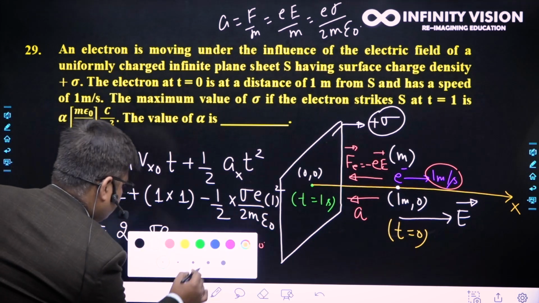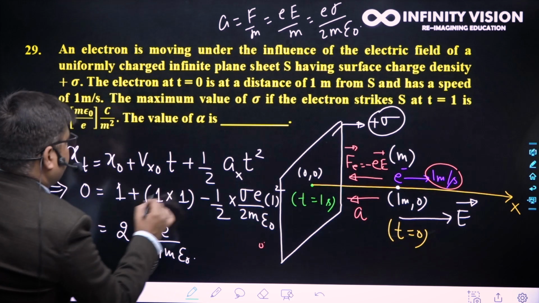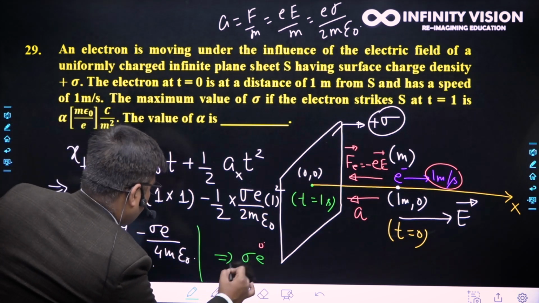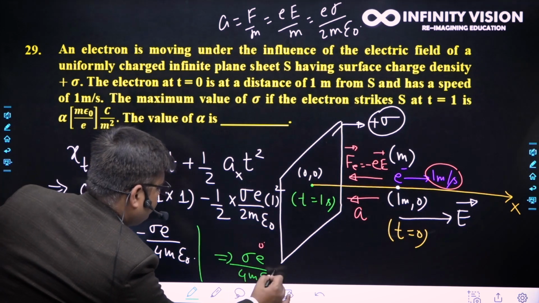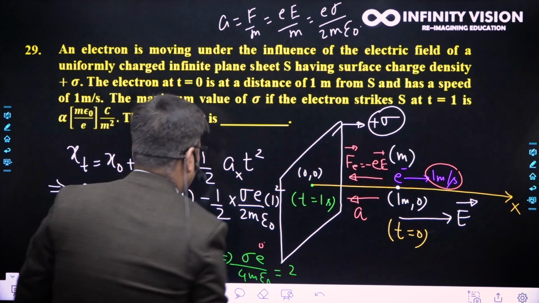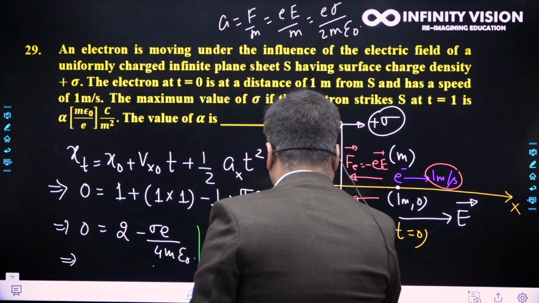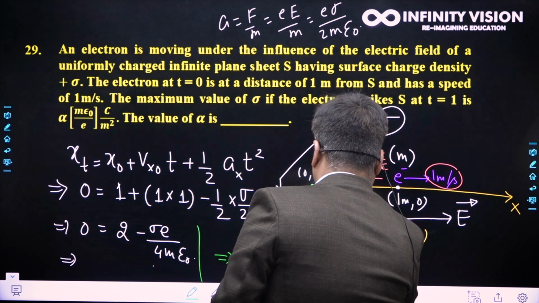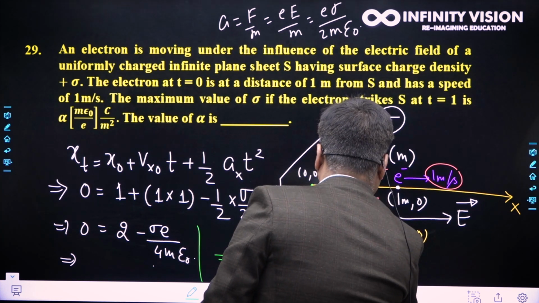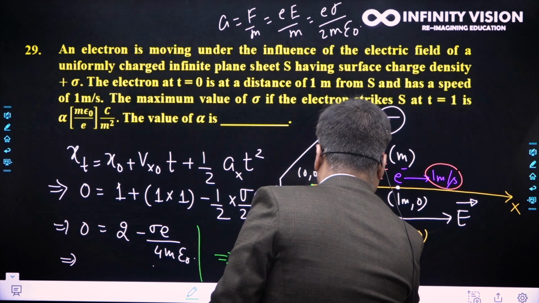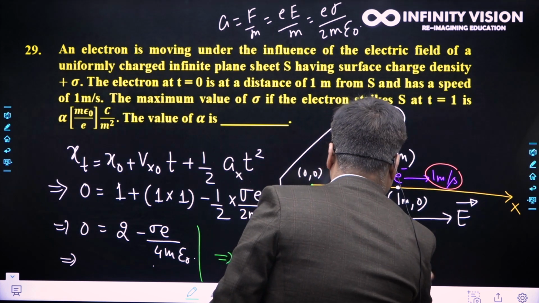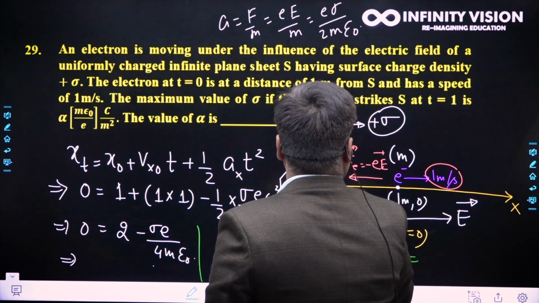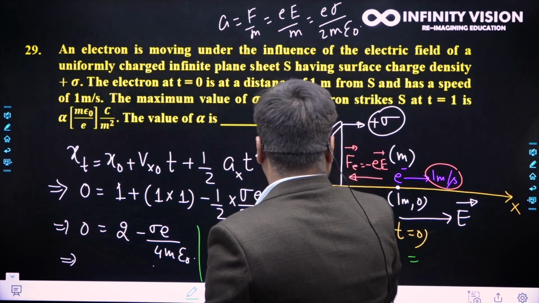If we solve a little bit, what we will be getting is that sigma e upon 4m epsilon naught will be equal to 2. So m epsilon naught upon sigma e into 8 gives the value of sigma.